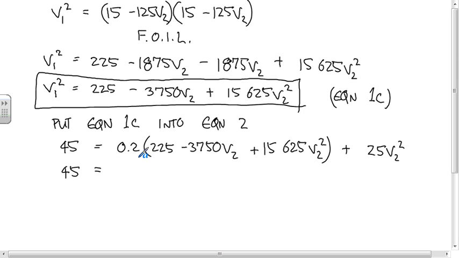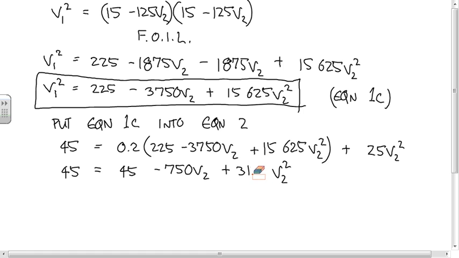I know this one's 45, this one is minus 750, plus 3125 v2 squared plus another 25 v2 squared.